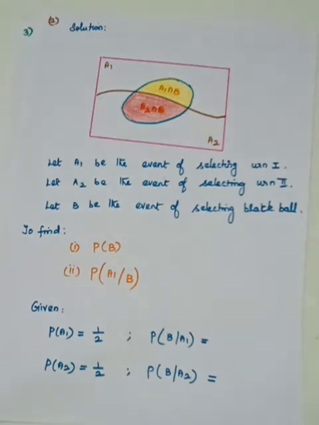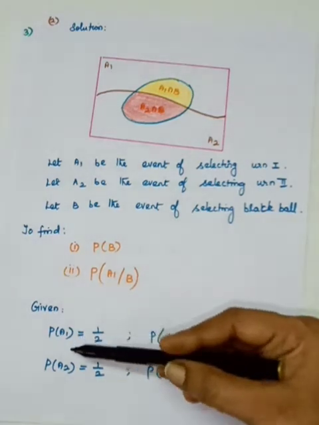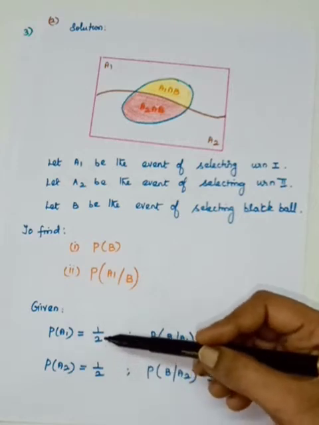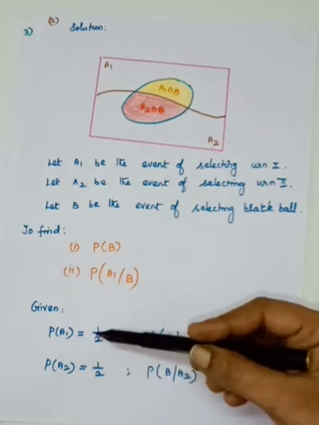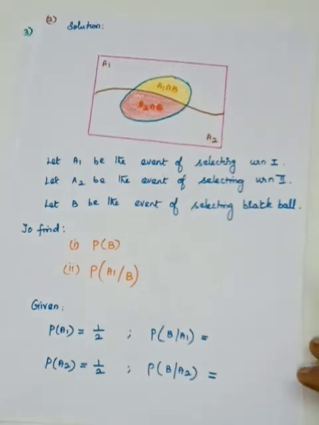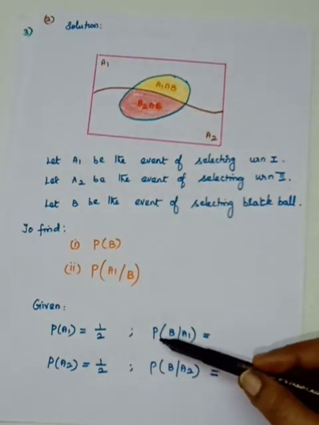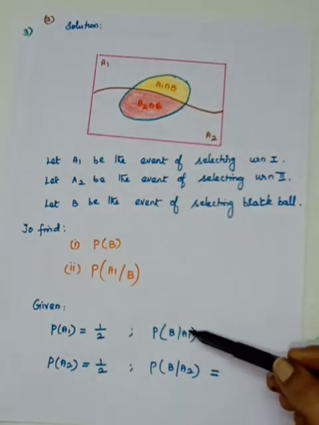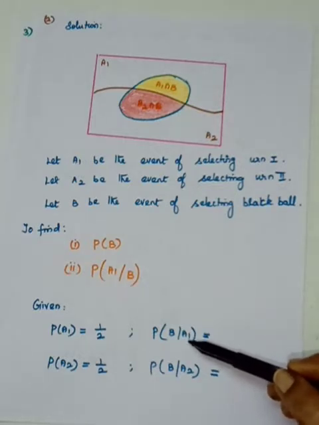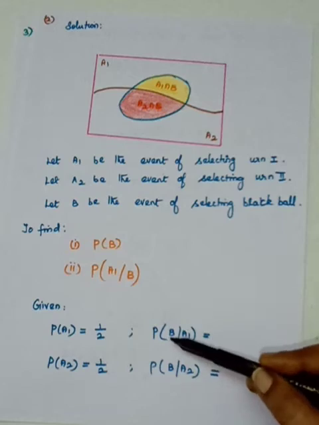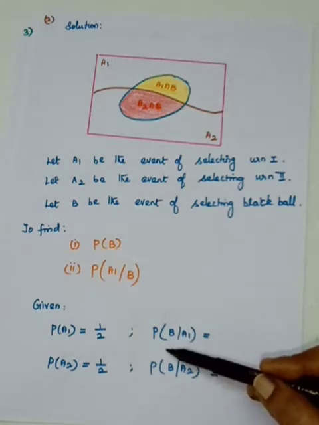And coming to here, see, P of A1 I have already said, 2 urns, so the chance of selecting one urn is 1 by 2. In the same way, P of A2 is also 1 by 2. What is P of B by A1? We have selected the first urn. Next we see the probability of selecting a black ball from it.